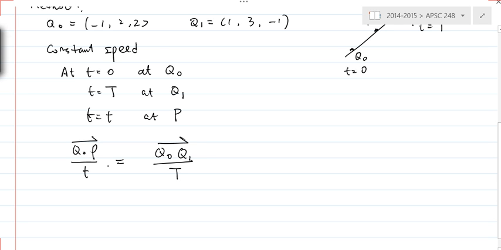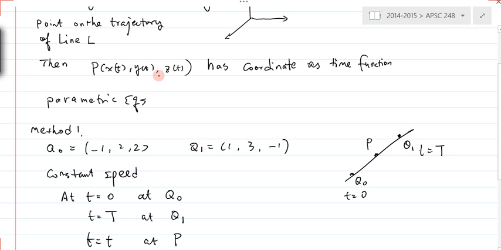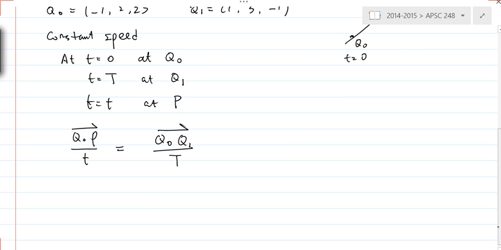Now let's plug in the known quantities and also the unknowns here. So the point P, these are its coordinates here, right? So what do we have? Q naught P, that vector, essentially is what?